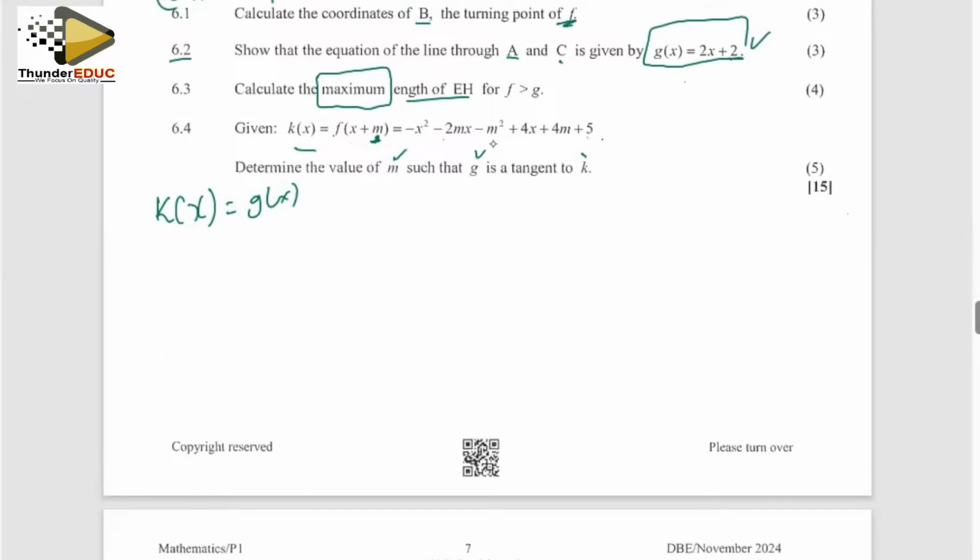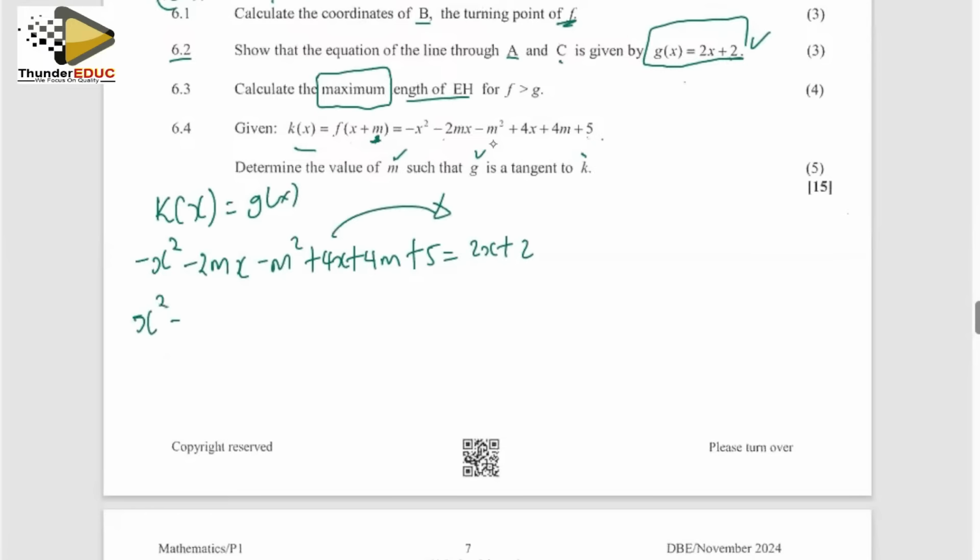Okay, so it's going to be negative x squared minus 2mx minus m squared plus 4x plus 4m plus 5 must give us 2x plus 2. Let's move everything to the other side. Let me move everything to that side so that I have just positive x squared.